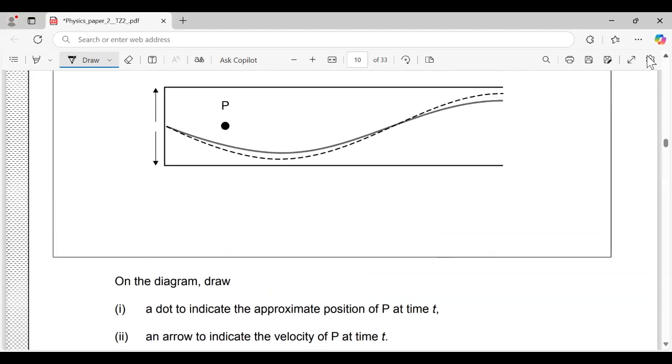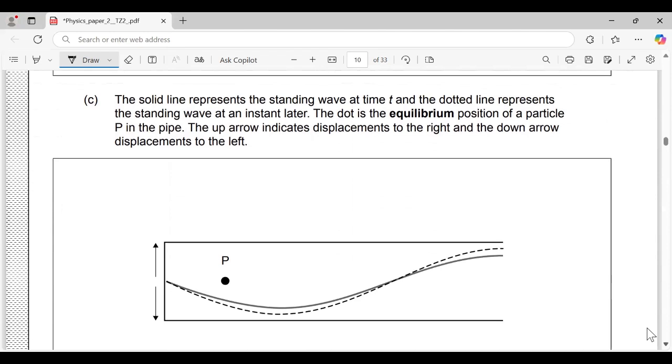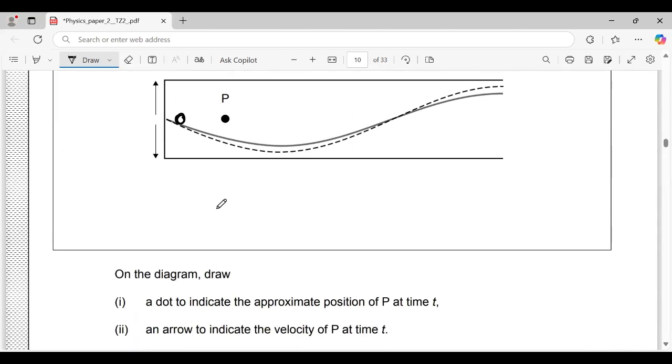So we need to find the equilibrium position. The dot on the equilibrium position is here at the midline. So the position of P at time t is this dot, according to the equilibrium position.